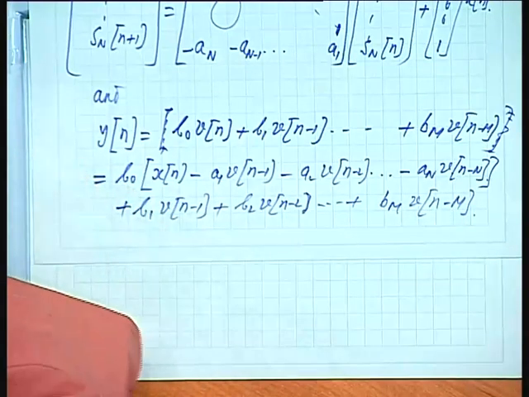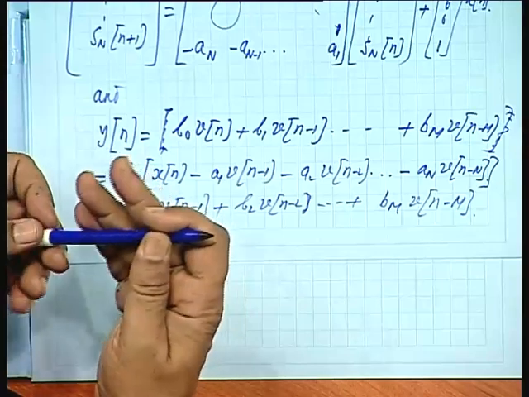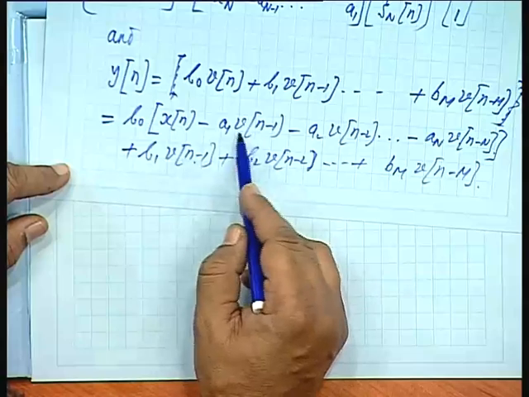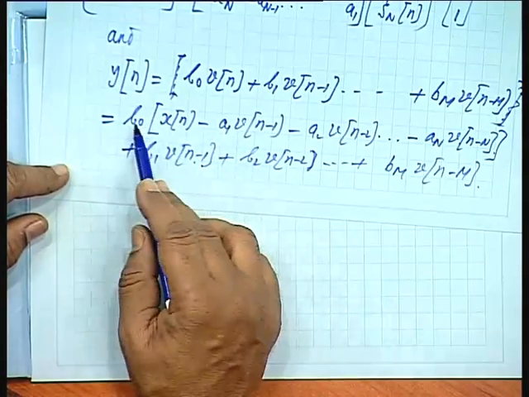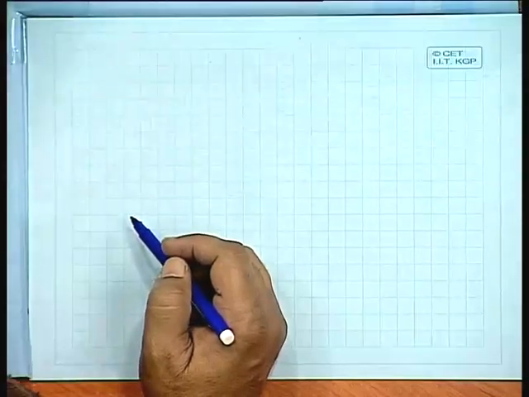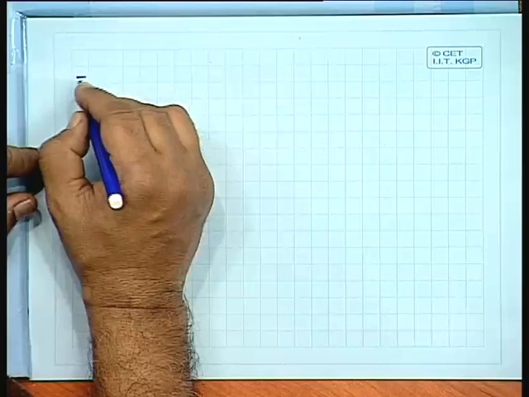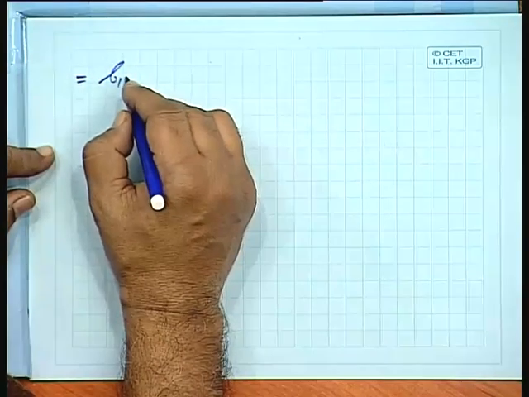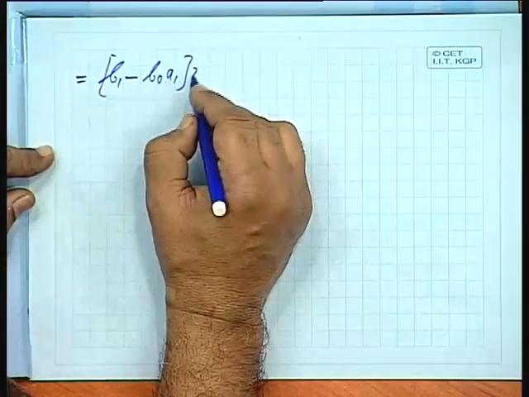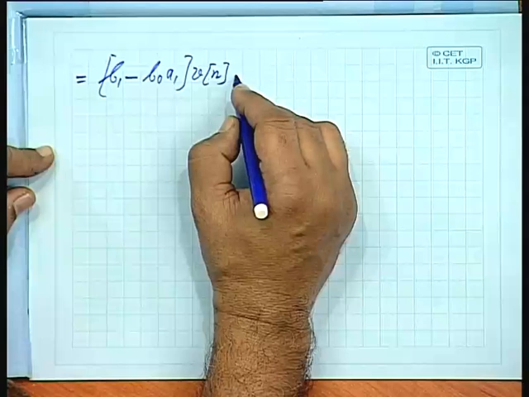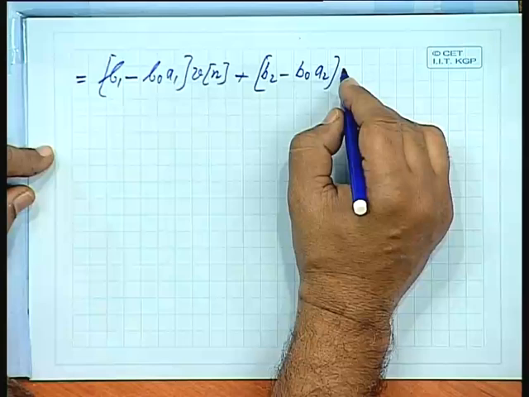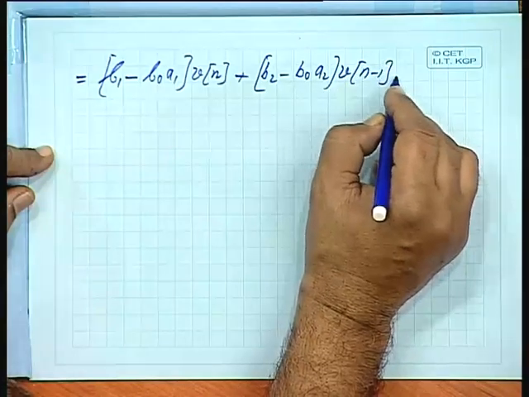Okay. Let me change the pen. Is that all right? So, you can club the terms Vn minus 1 together, the coefficients of this, minus a1 b0 plus b1. So, it will look like this. If you permit me to put them together, it will be b1 minus b0 a1 into Vn, plus b2 minus b0 a2 into Vn minus 1 and so on.